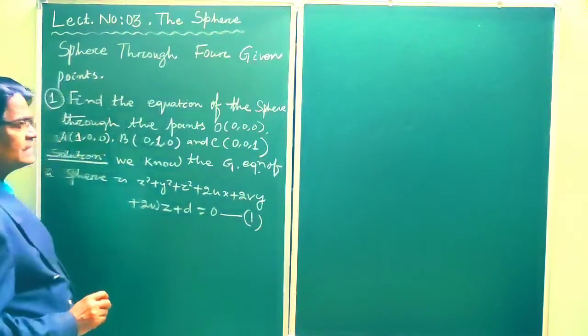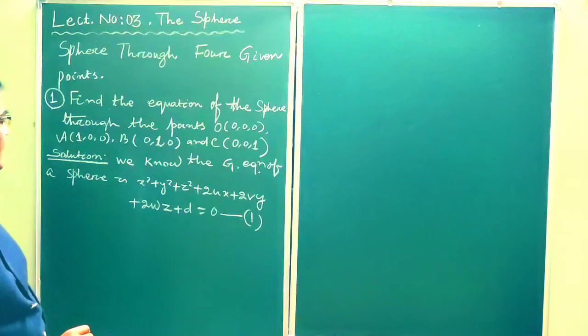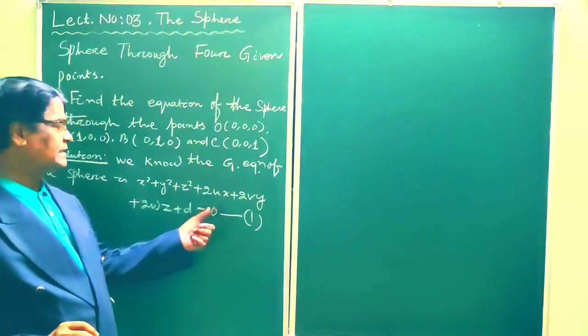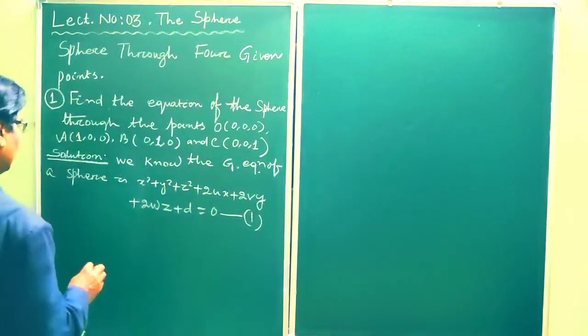Let us take this as equation 1 containing 4 constants u, v, w and d.